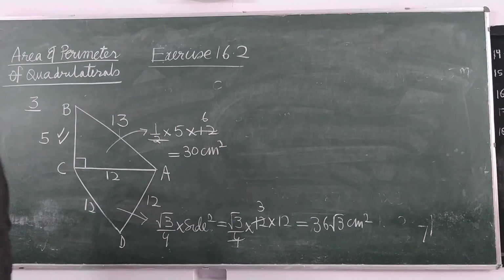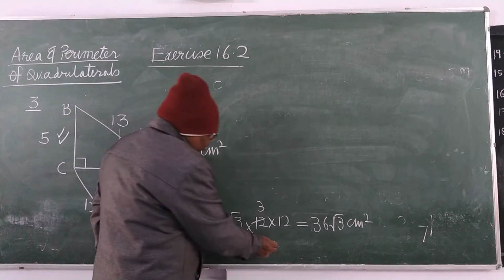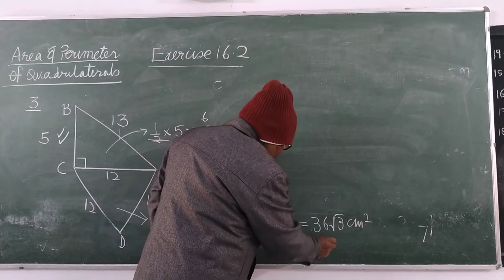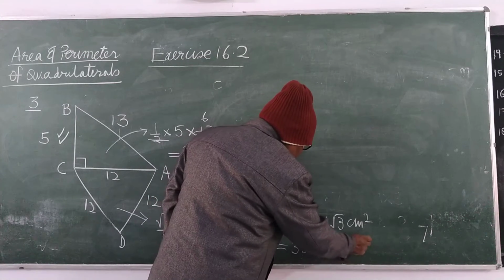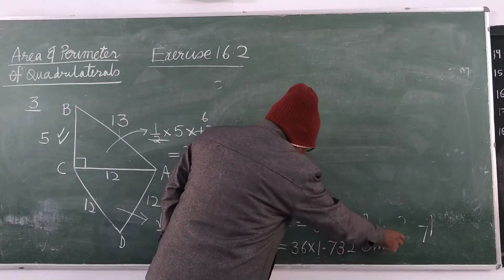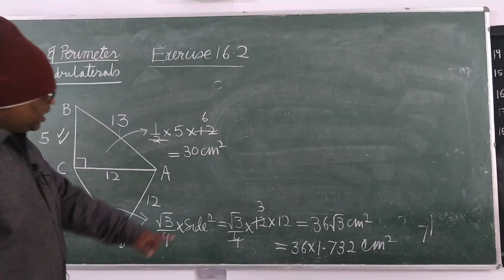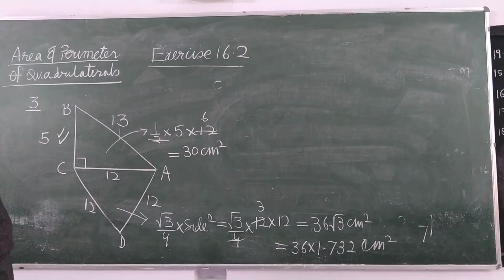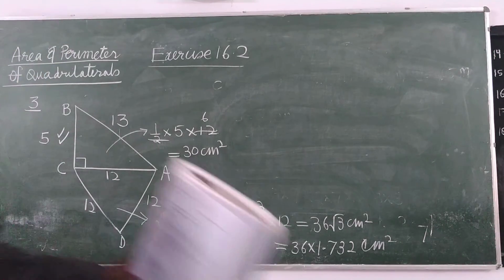This you can convert to decimal, because the value of root 3 is 1.732, so 36 into 1.732. Add this and this, you will get the area of the quadrilateral. So in this way you can do question number 3.